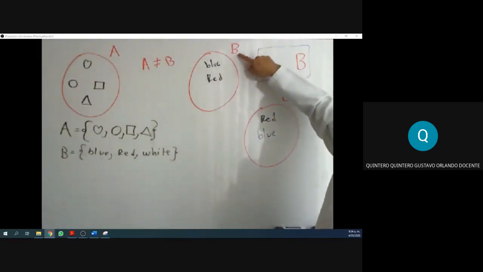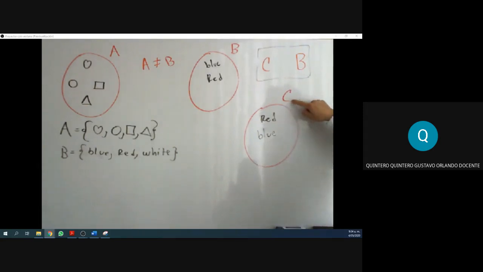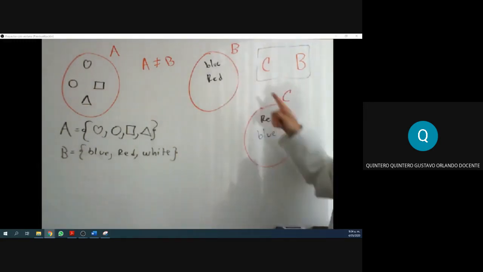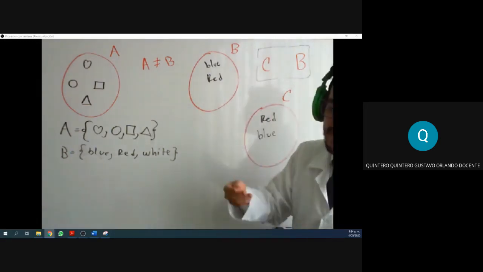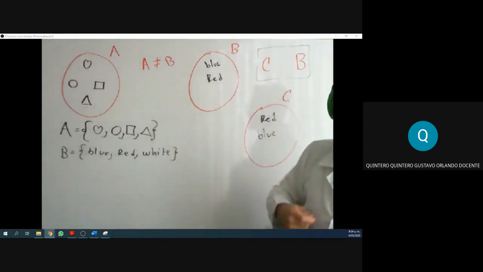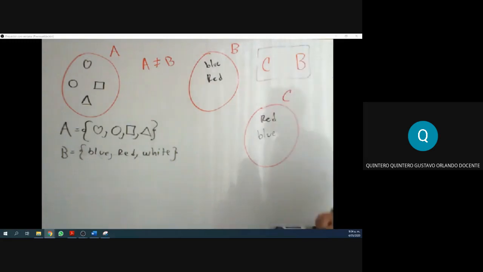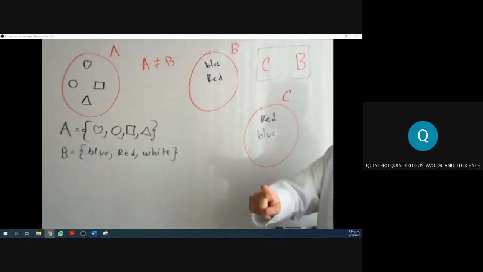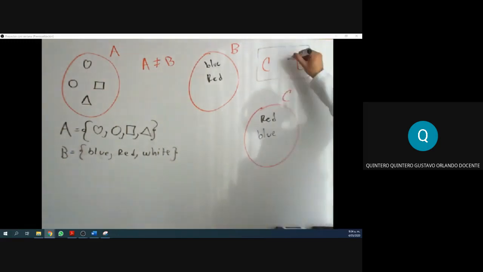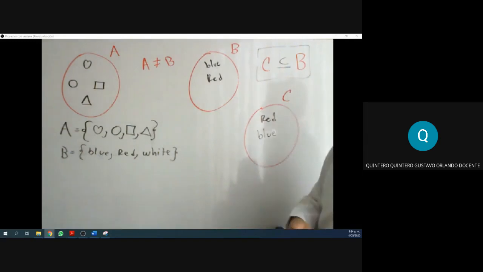Set B and set C have the same elements. So that makes it so that those 2 sets are the same. And I could write an equal here, right? But look at this. I could also write the subset sign. I could also write that.